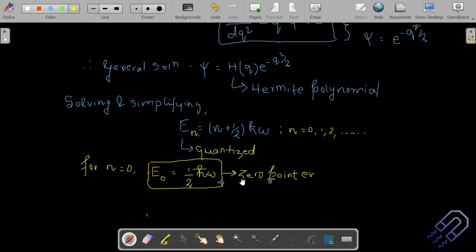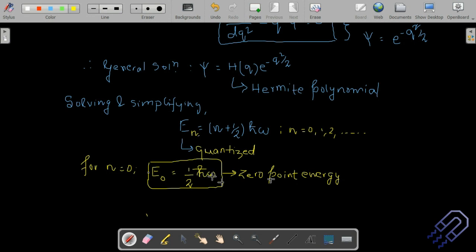Something which we should remember is, whenever we are considering a quantum mechanical particle and we say it's a zero point energy, it's just a term which says that it is at the ground state. But it does not say that the energy is zero. The energy is definitely not zero here, right? If there is a particle even at the ground state, it will have some kind of vibration, it will definitely have some frequency involved.